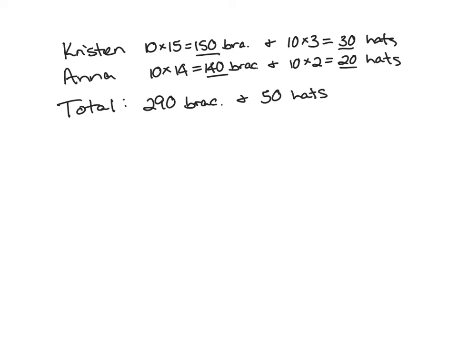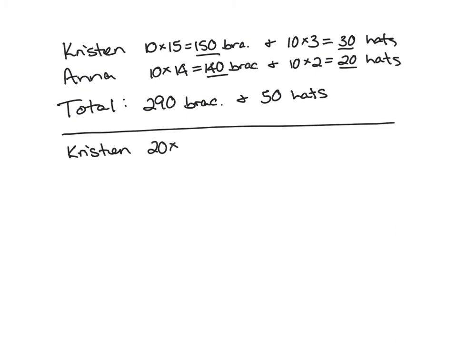All right, so now let's compare the outcome when they specialize in their comparative advantage. So we'll have to remind ourselves who had a comparative advantage in what. So Kristen is going to specialize, so she's going to spend 20 hours making, let's go back. So Kristen will make 60 hats.